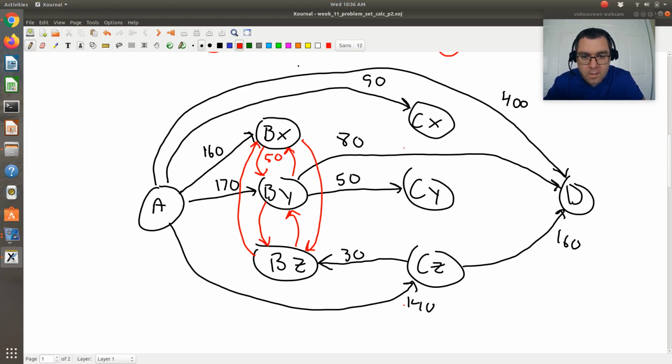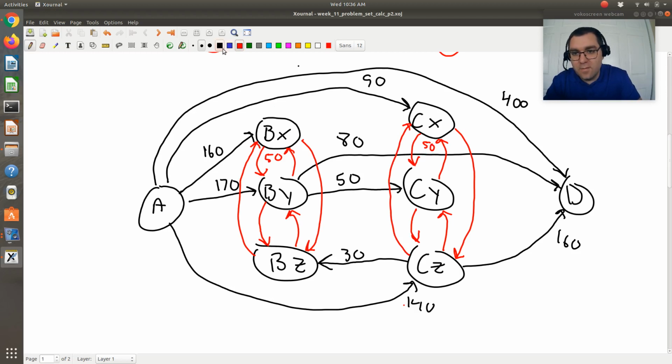Okay, then likewise in city C. So if this is the C airport, I can go from X to Y or Y to X. I can go from Y to Z and Z to Y. And likewise, I can go from X to Z and Z to X, where the cost of all of those transfers is $50.